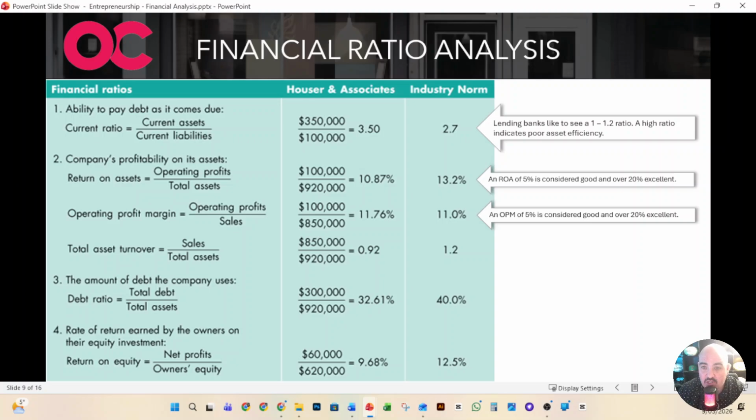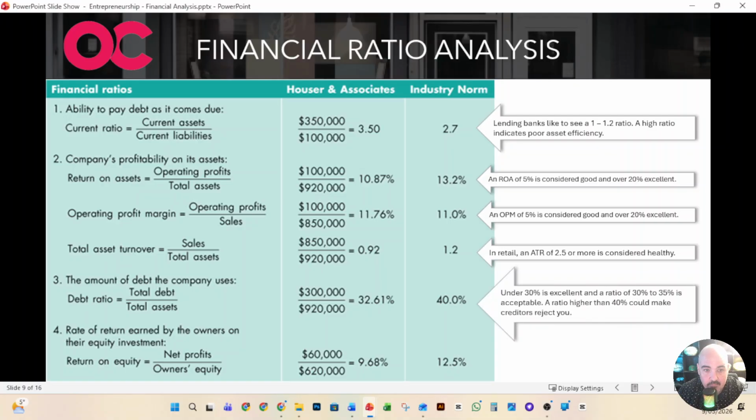Operating profit margin of 5%; 20% is excellent. Total assets turnover of 2.5 or more is considered healthy. Debt ratio under 30%, and we see here a note, over 40% could make creditors reject you. And 15 to 20% here for return on equity.